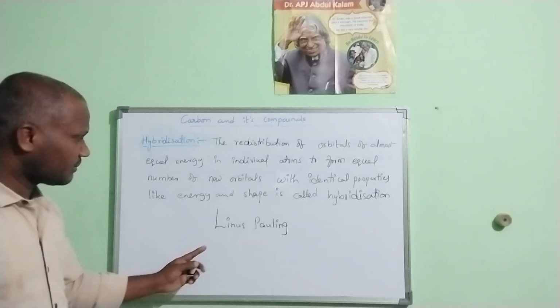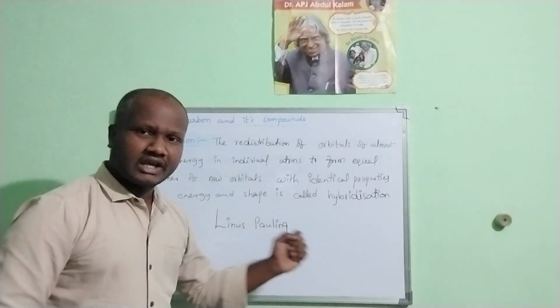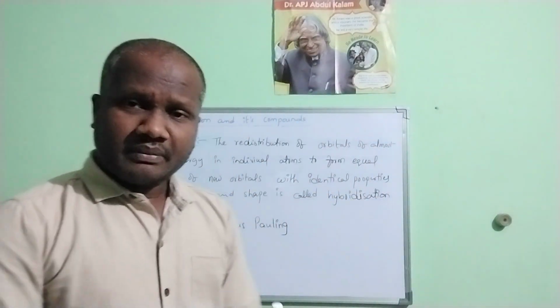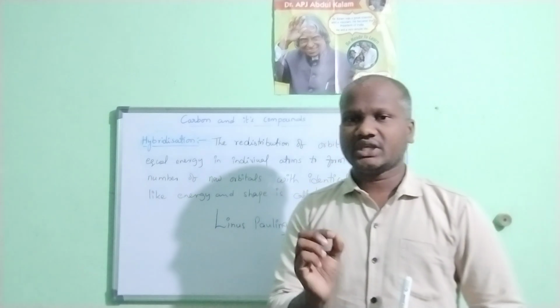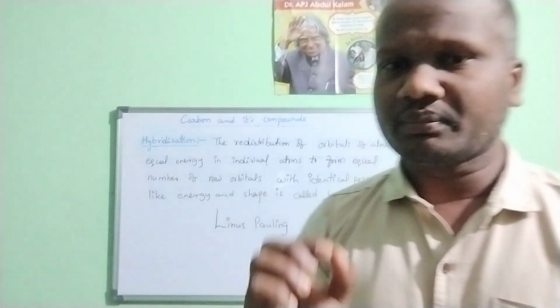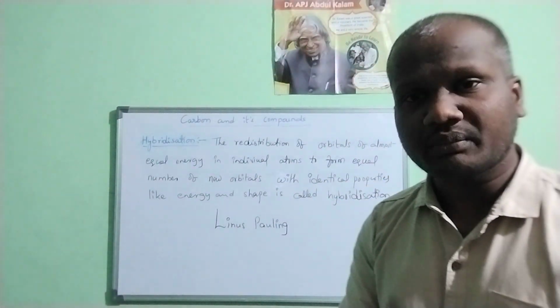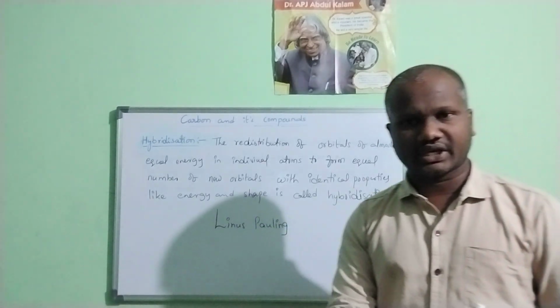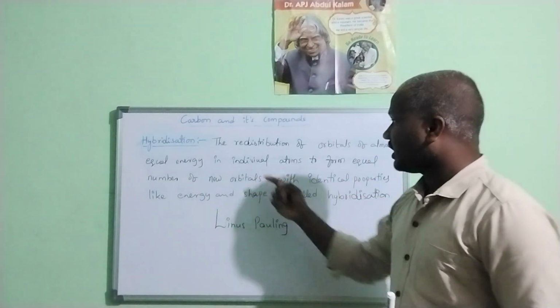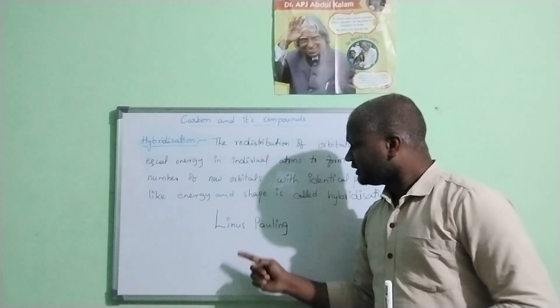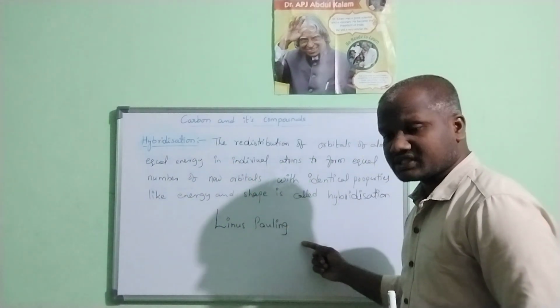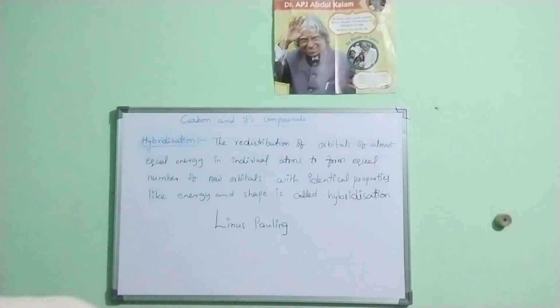The concept of hybridization was introduced by Linus Pauling, the scientist. According to Linus Pauling, hybridization is defined as the redistribution of orbitals of almost equal energy in individual atoms to form an equal number of new orbitals with identical properties like energy and shape.